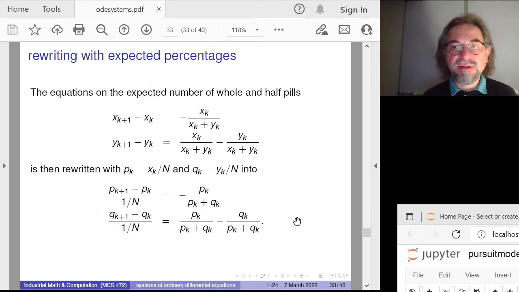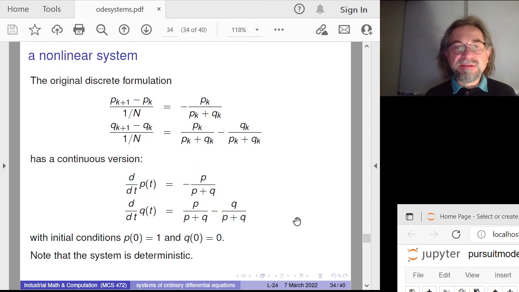So we had the discrete model for the expected number of pills. This can then be rewritten in terms of these percentages, or if you like, the probabilities. So this is a rewrite, and this rewrite is then not such a big step anymore to a continuous version.